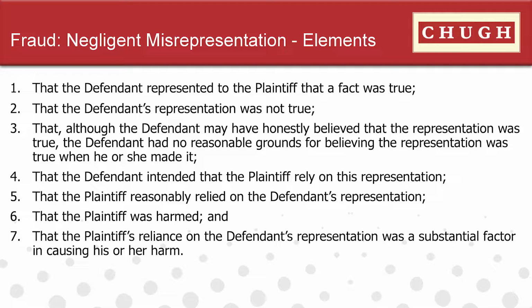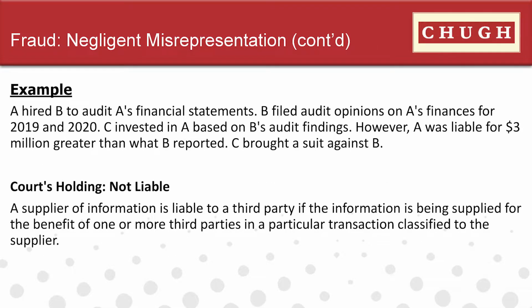And when do duties come up? Duties typically come up when there's a fiduciary relationship, when there's a contractual relationship already in place. So you don't really see this negligent misrepresentation unless there's already a fiduciary relationship or a professional contractual relationship between the parties. So let's go to the next page where we have an example of this.